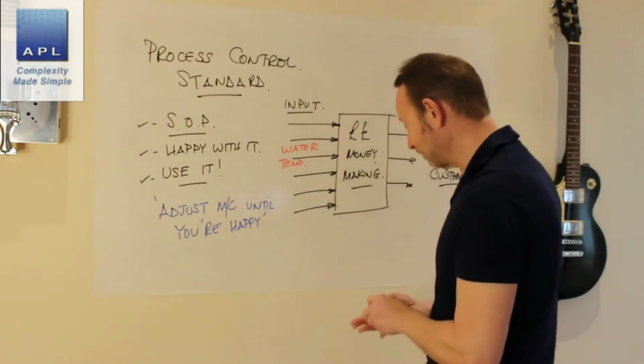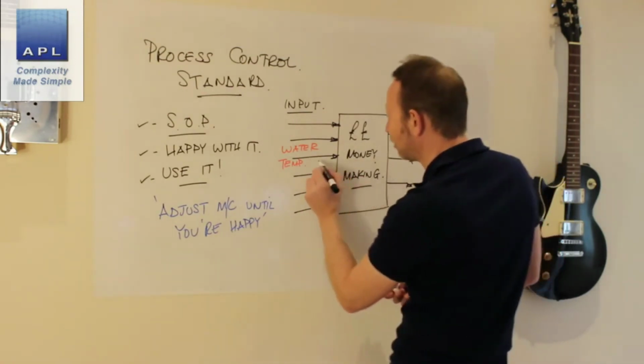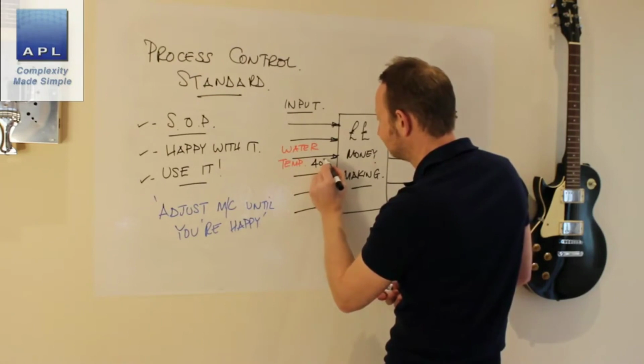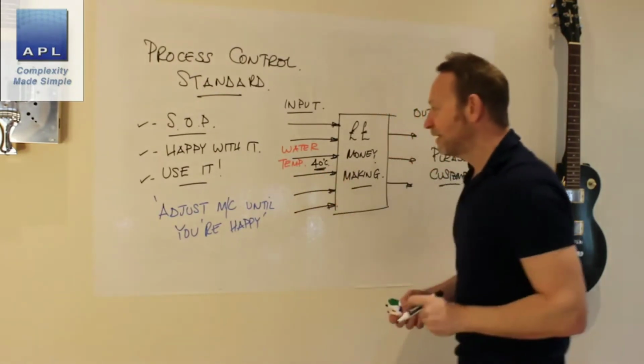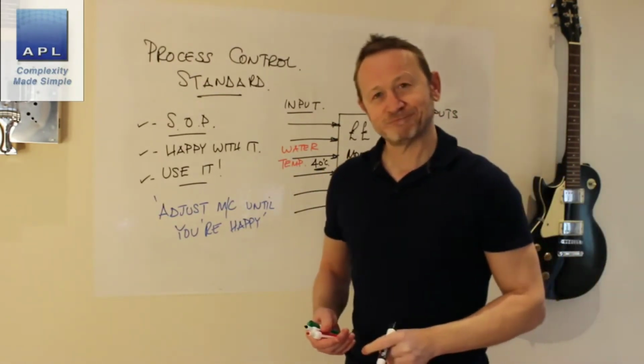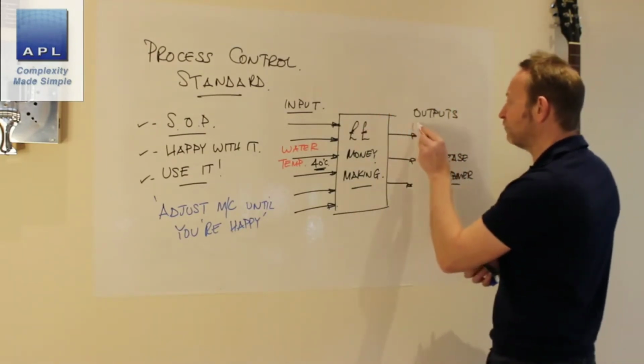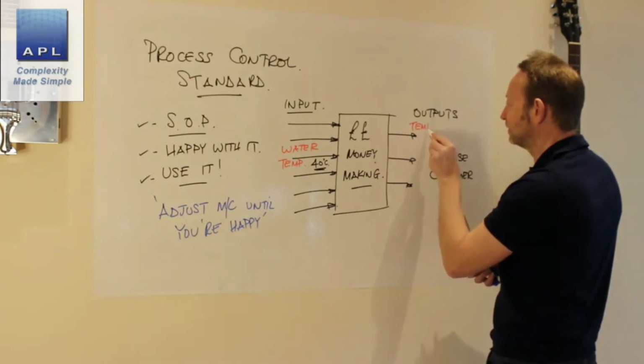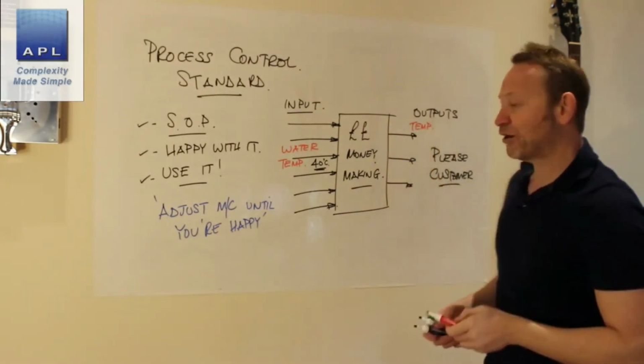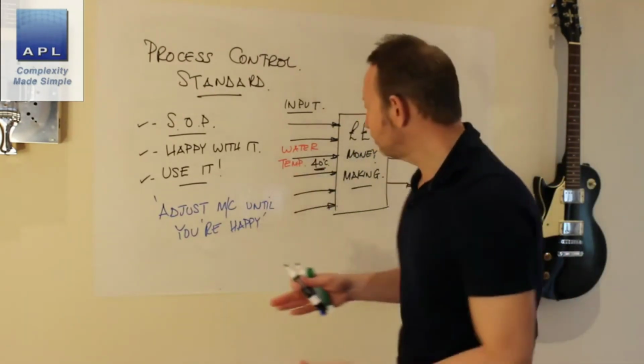So let's give him a number. We're going to say we'd like you to hit 40 degrees centigrade. Okay, and obviously over here we're going to have water temperature. We're going to have water temperature over here. Now, of course, what do you do next?